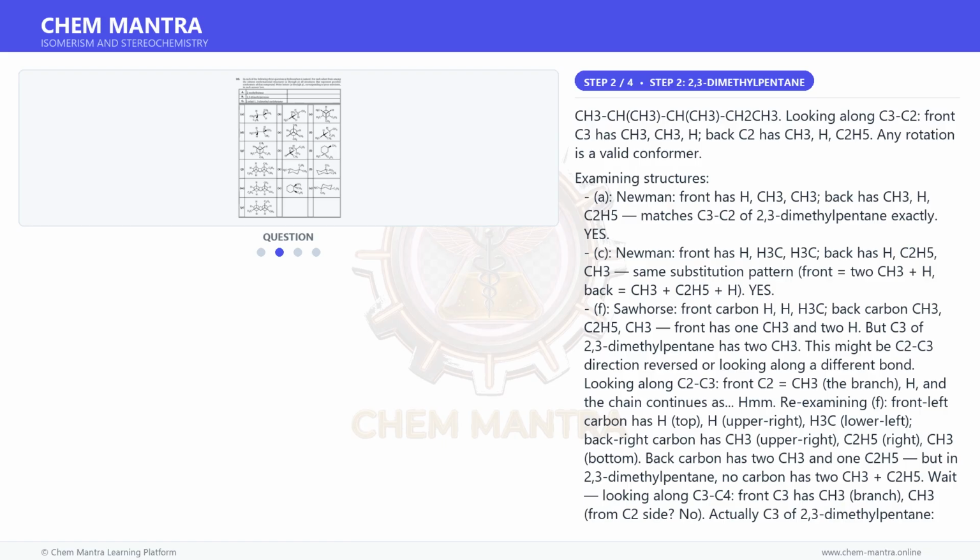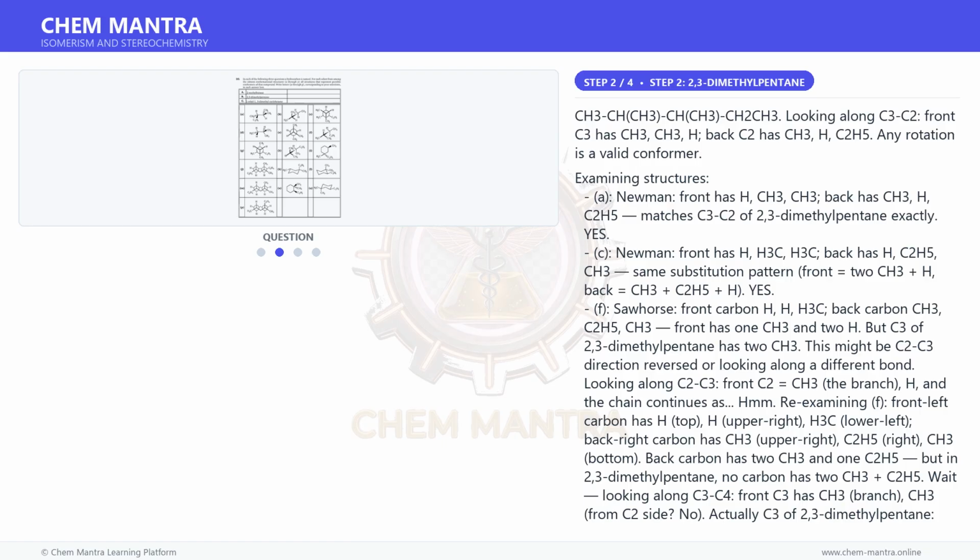But C3 of 2,3-dimethylpentane has 2 CH3. This might be C2–C3 direction reversed or looking along a different bond. Looking along C2–C3, front C2 is CH3, the branch, H, and the chain continues.